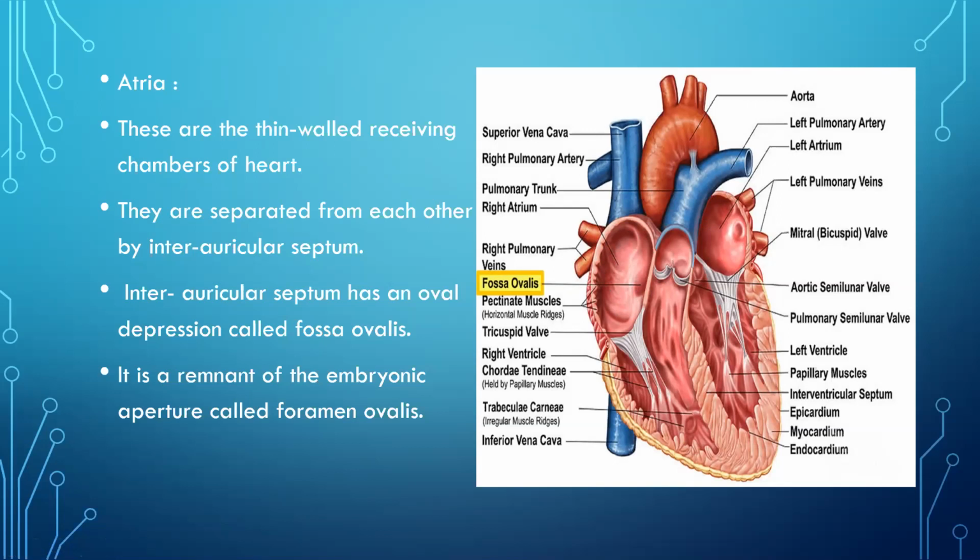Now, why are atria called receiving chambers? You can see this is the right atrium, this is the left atrium. They are called receiving chambers because the right atrium receives deoxygenated blood from the upper parts of the body as well as from the lower part of the body, whereas the left auricle or left atrium receives oxygenated blood from the lungs.